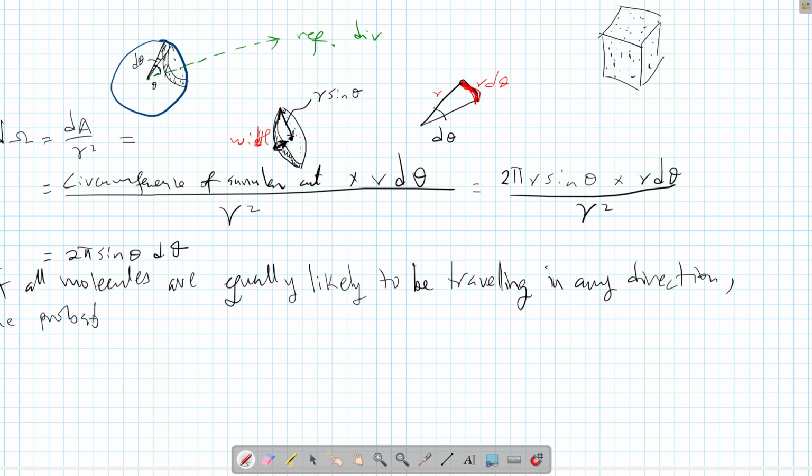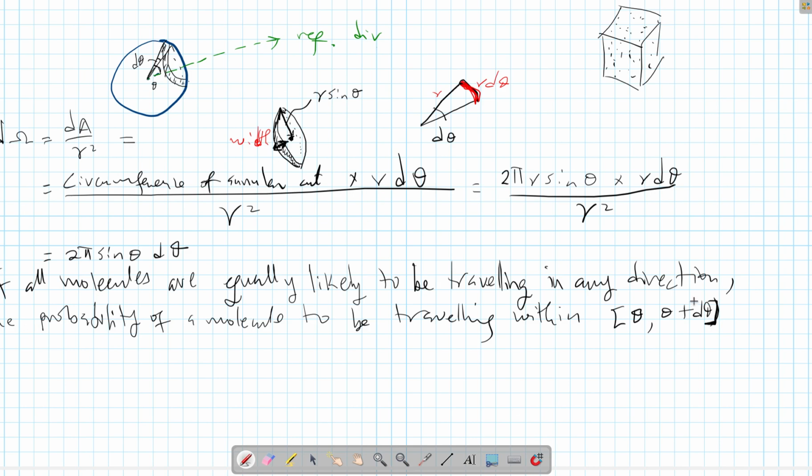Okay, so given this assumption, then the probability of a molecule to be traveling within this range of theta and theta plus d theta is going to be equal to the fraction of molecules whose trajectory lie within the differential solid angle d omega.